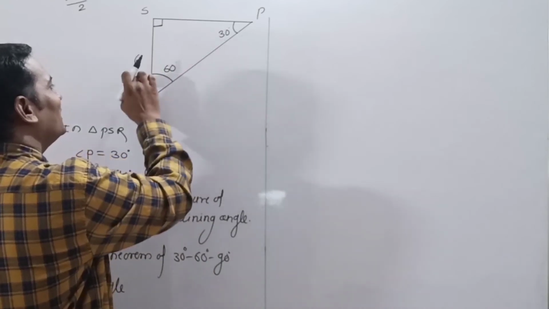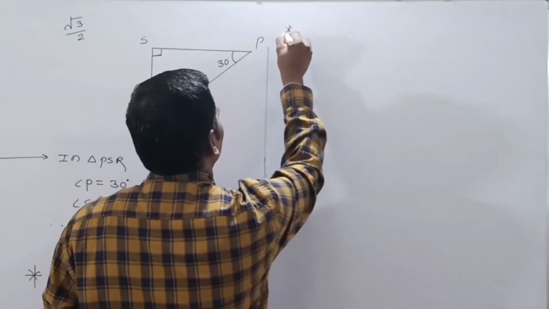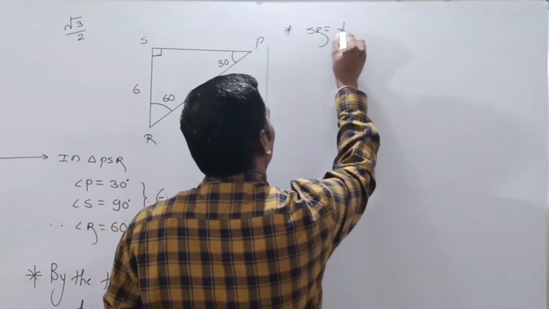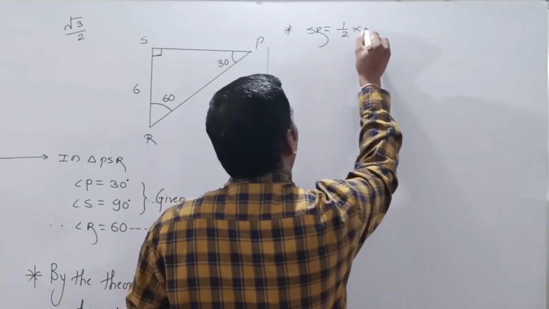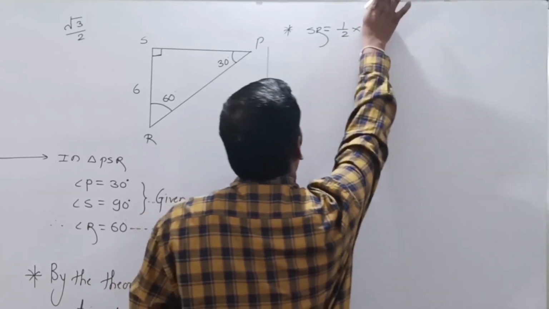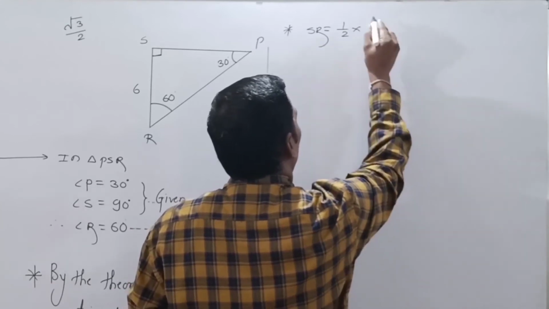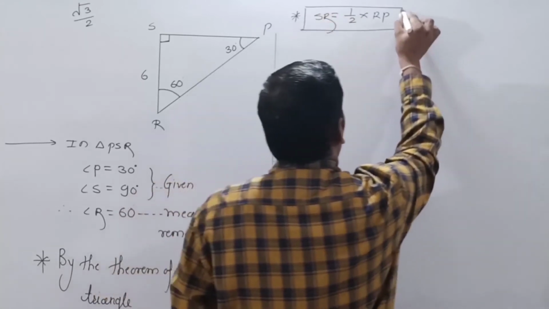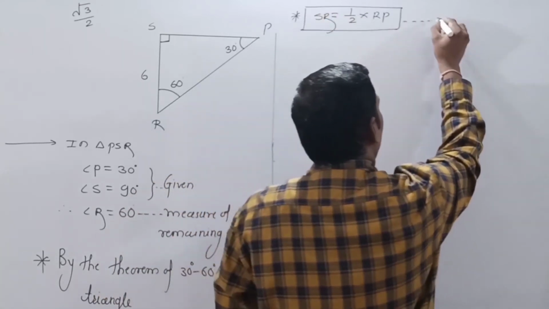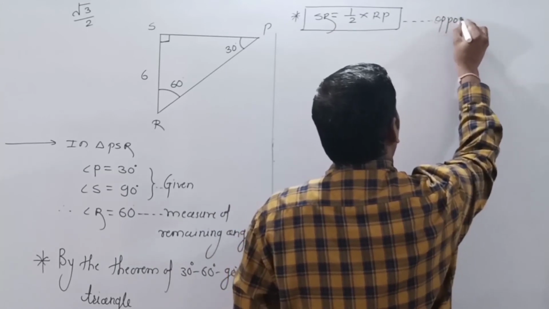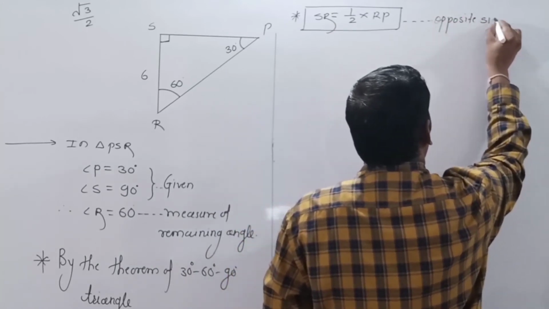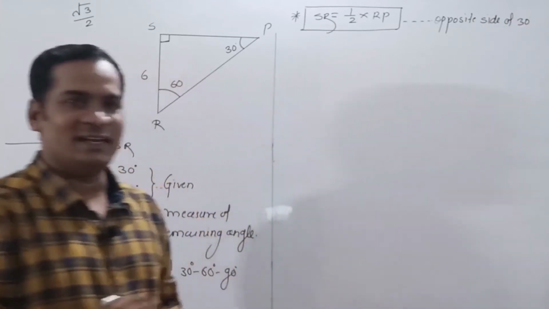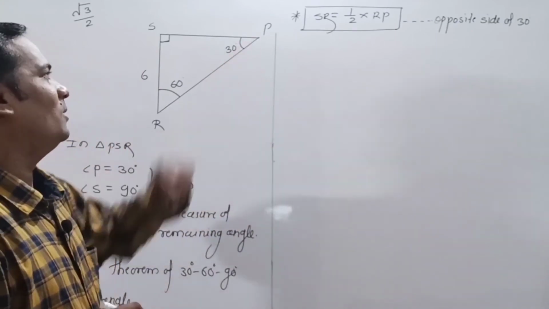So the side opposite to 30 degrees is already given. So we can write here SR is equal to, and this SR will be half into PR. In that example they said RP, so we can write here RP. Okay. And just write down that reason here: opposite side of 30 degrees, and that will be half of the hypotenuse.